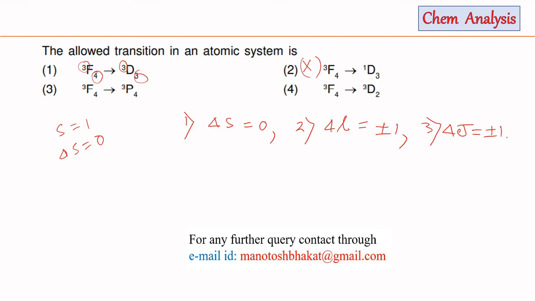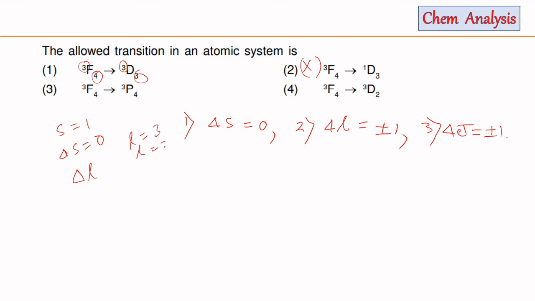Okay, next delta L. For F, L equal to 3, and for D, L equal to 2. So for the first case, delta L equal to minus 1, so the plus minus 1 condition is satisfied. For the third case, since for P, L equal to 1, delta L for the third transition will be minus 2, so it will be cancelled out.